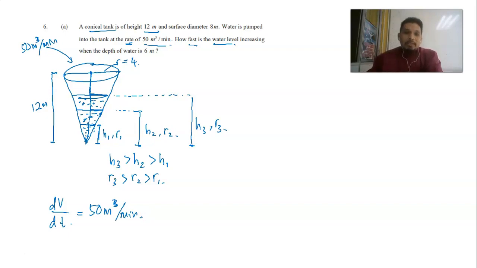Okay, class, look at the diagram here. When the volume increases, there's a change of volume. It also has to do with the change of the height from H1 to H2 and H3. So there are changes of height and also changes of radius, because this is a cone, not a cylinder.